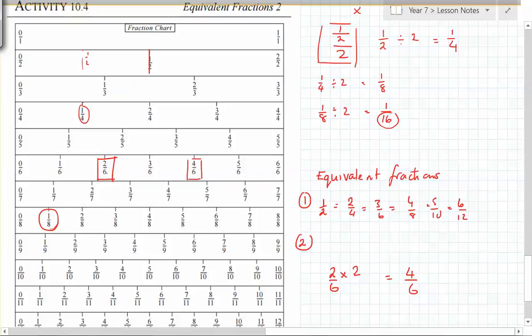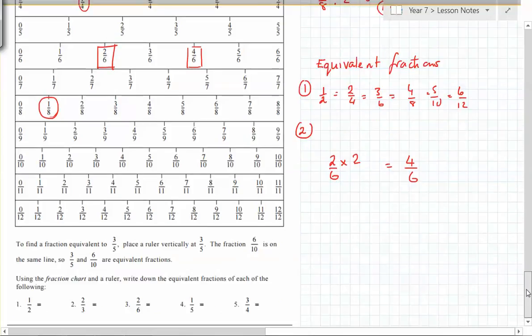Let's just check this. I want you to be very careful. 4/12 is here. And 4/12 is actually the same as 2/6. So I can't have 2/6 twice and only have 4/12.